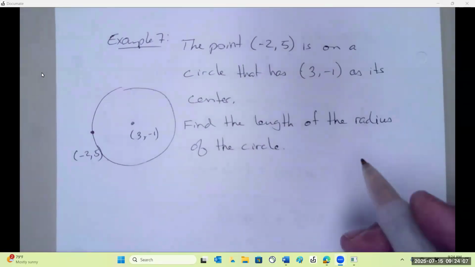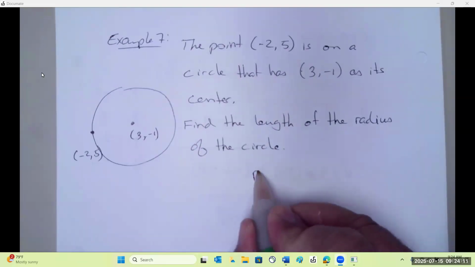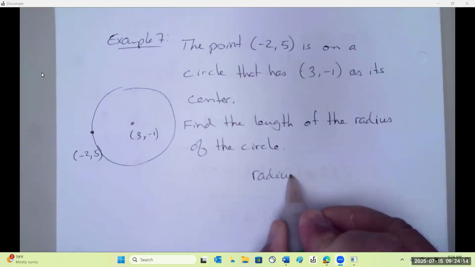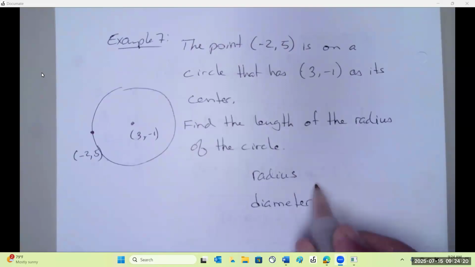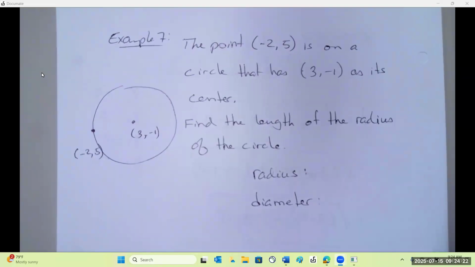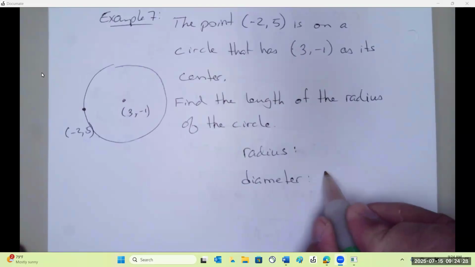This is where you have to know words in mathematics. And when we deal with circles, we have radius versus diameter. What's the difference? What's a radius? What's a diameter? Very good. It's the radius.